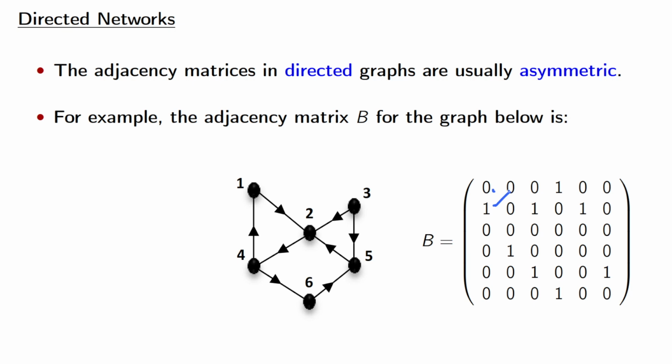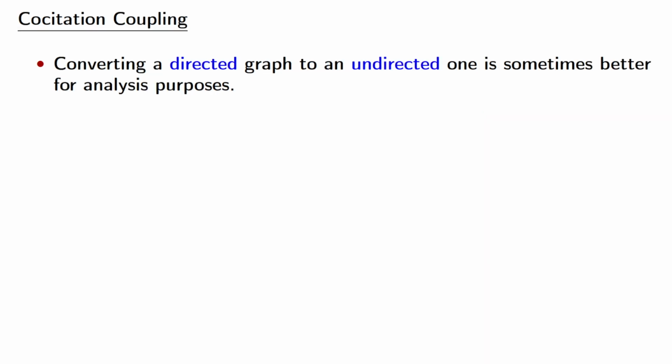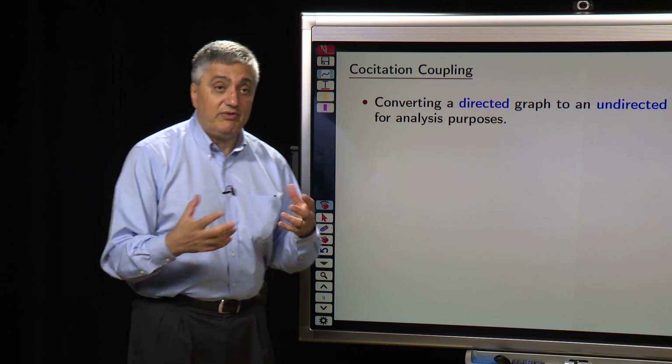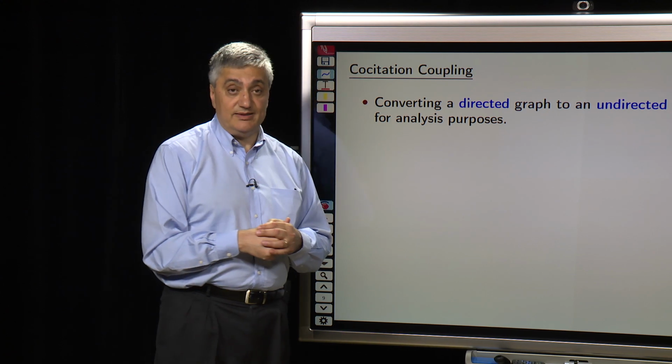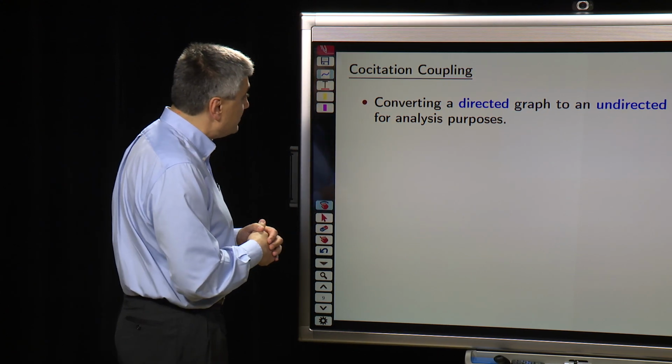But then you look at the fourth element, and you see they're different from each other. Therefore, this is, in general, not a symmetric matrix. This could create some more mathematical difficulties for you, and that's why later on you will see how we will take an asymmetric graph, or a directed graph, and make it into a symmetric graph using some manipulations.